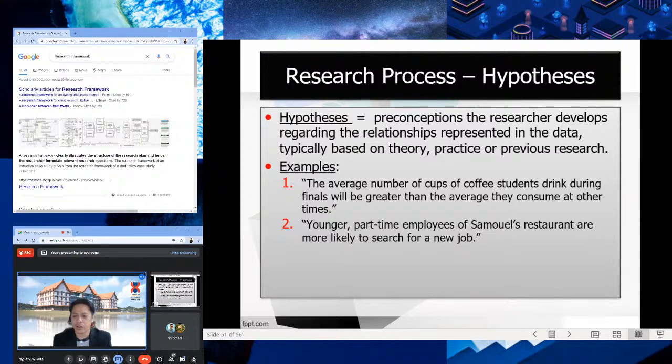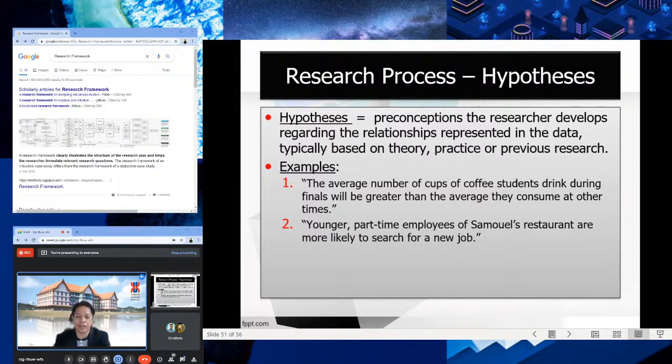The second example: younger part-time employees of a restaurant are more likely to be searching for a new job. Where is the data? It is based on the analysis, so we need the data to support this hypothesis.